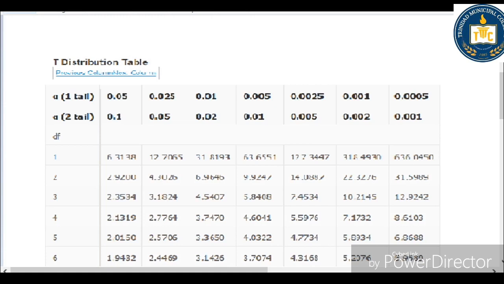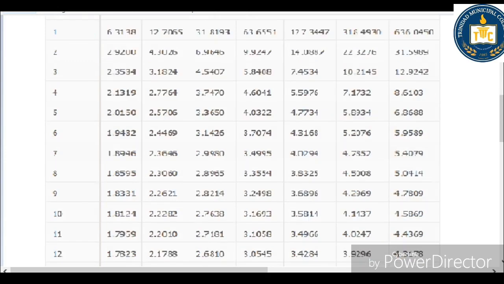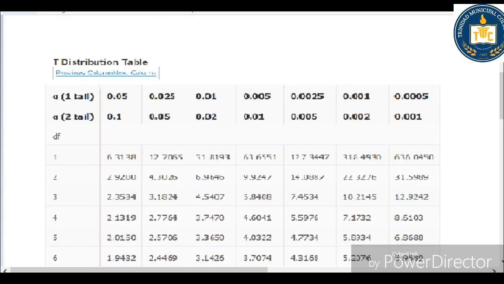So here, this is the 0.05 1/3. Okay, so first column here. Since our sample size is 32, we need to find the degrees of freedom. We simply use the formula degrees of freedom equals n minus 1.